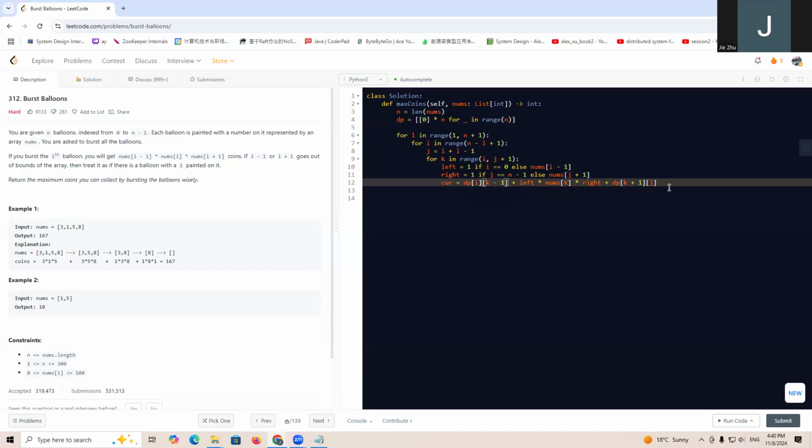So we'll have dp[i][j] equals the max of dp[i][j] and current. In the end, we just return dp[0][n - 1].